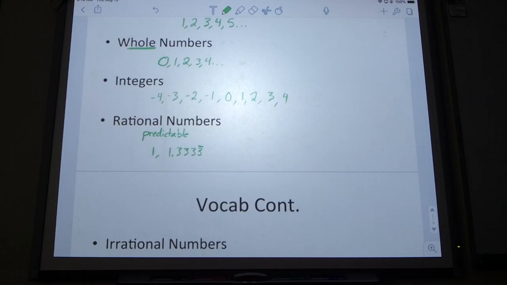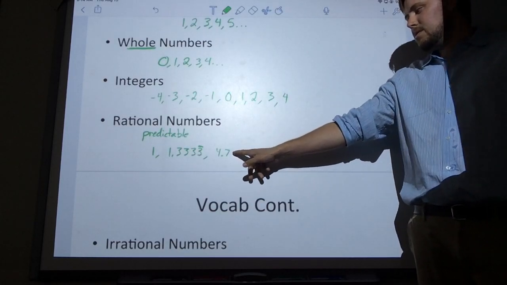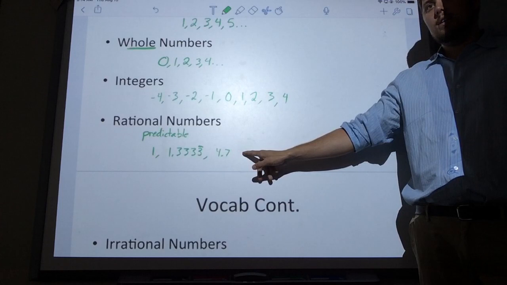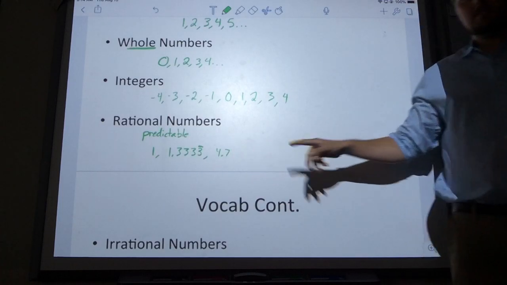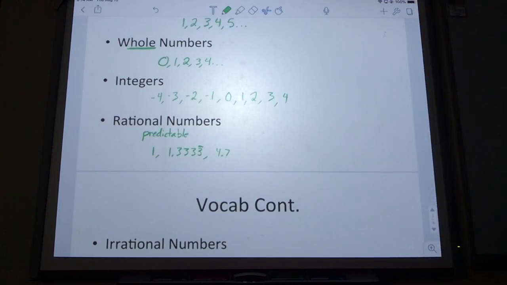Okay? If I just had 4.7, but I didn't write that repeating bar above it, what comes after that 7? 0. What about after that? A 0, and a 0, and a 0. So that's predictable. Okay? So if you can predict what's going to come next, it's going to be a rational number.